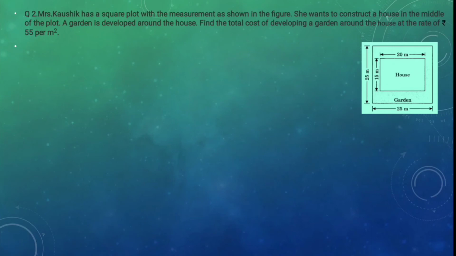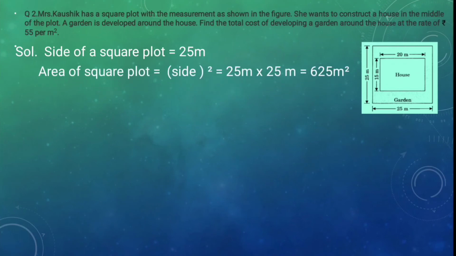So first of all, what do we need to do? We will find the area of this plot. We know that the side of the square plot is 25 meter, so its area will be side square, that is 25 meter into 25 meter is equal to 625 meter square. Understood? Then we will find the area of this house.